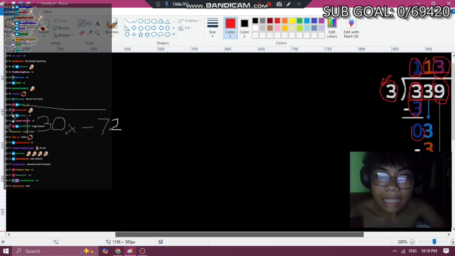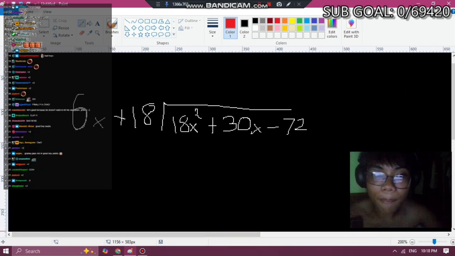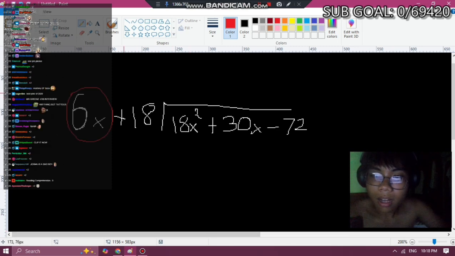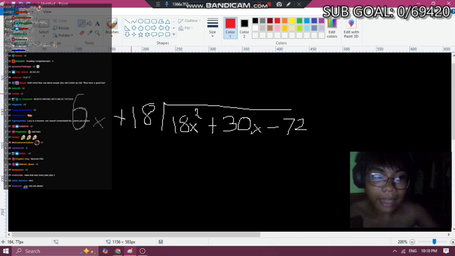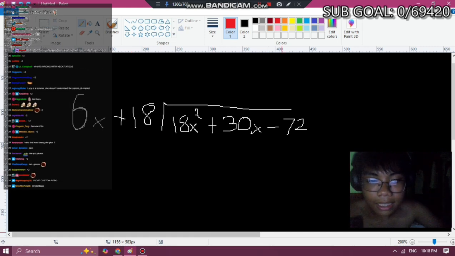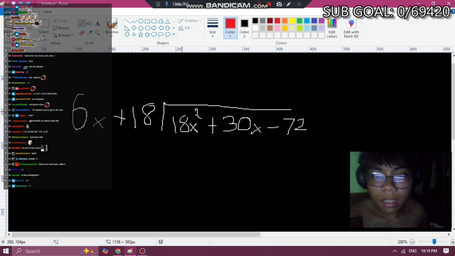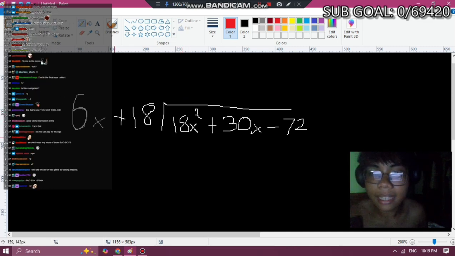So next, let's move on to what seems to be a more complex topic, but is really just as simple. These individual terms can be visualized as one of the digits in long division. How many 6x's can we fit in 18x squared?